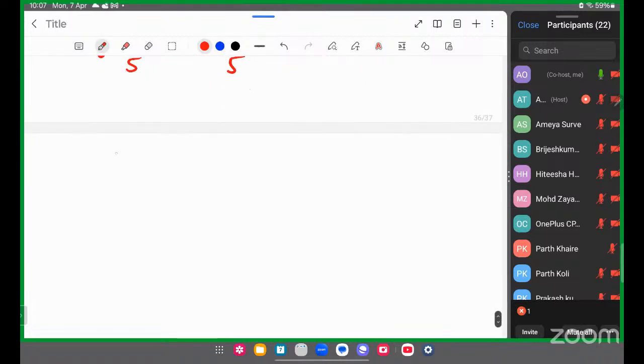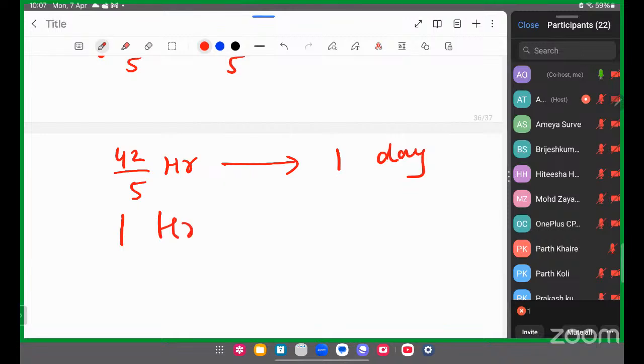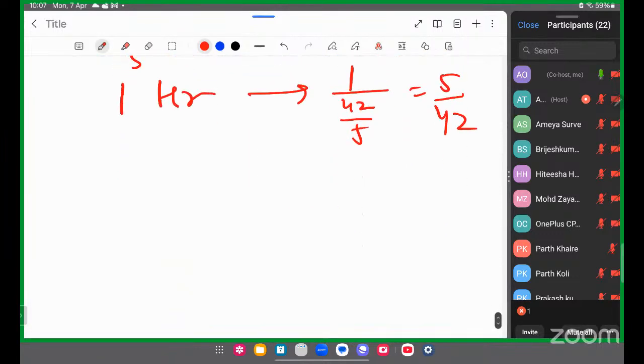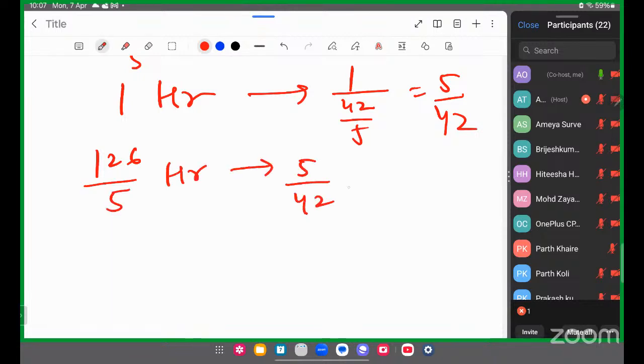So if they work 42 by 5 hours, it will be 1 day's work. For 1 hour, this will be 1 by 42 by 5, that is 5 by 42. And for 126 by 5 hours, this will be 5 by 42 into 126 by 5.